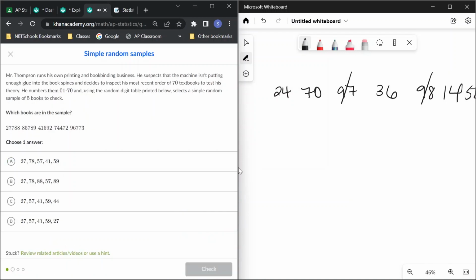Mr. Thompson runs his own printing and bookbinding business. Basically I want a random sample of 5 books from 01 to 70.